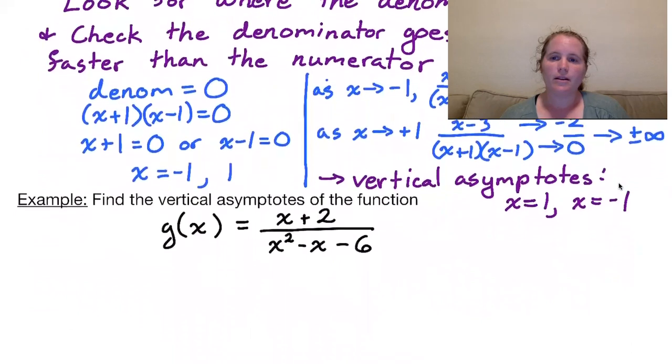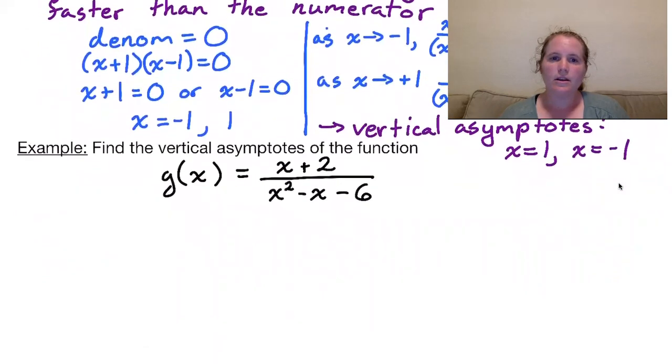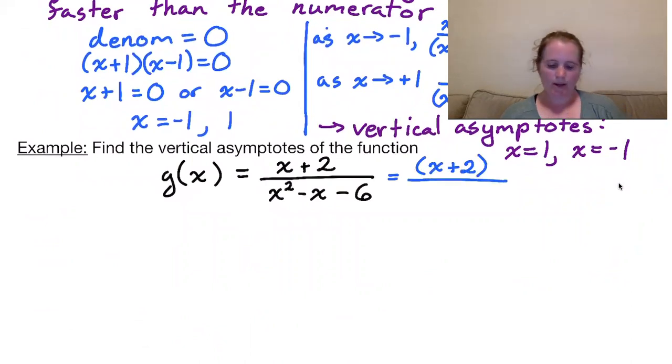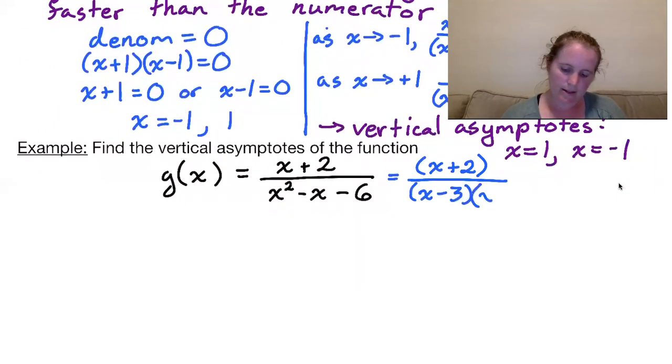Now let's go ahead and consider the function g of x equals x plus 2 over x squared minus x minus 6. Once again, we will factor. So that numerator is x plus 2. The denominator, x squared minus x minus 6, factors as x minus 3 times x plus 2.